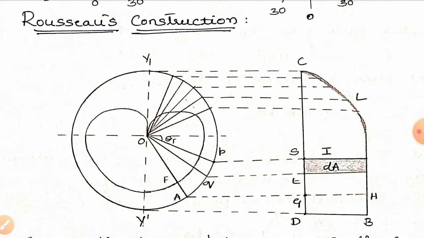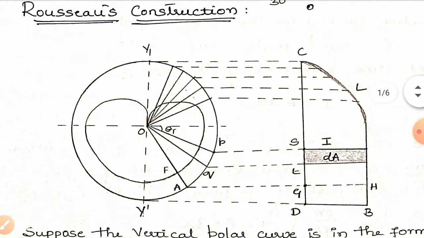It is a graphical representation. Rousseau's construction is nothing but constructing the polar curves for the light intensities of a lamp. Suppose you assume a vertical polar curve in the form of two lobes with symmetry axis Y O Y dash.